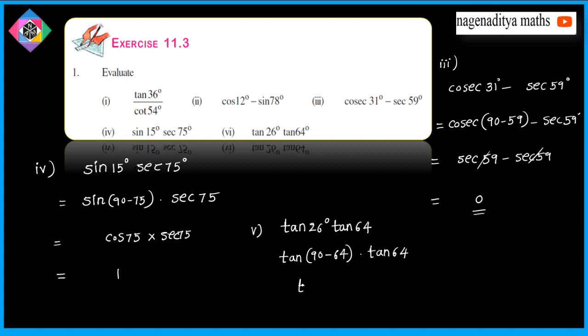So this is cot of 64 into tan of 64. So both cancel, so this is equal to 1. Why? Because cot 64 is the multiplicative inverse of tan 64. That is why both cancel and this becomes 1.